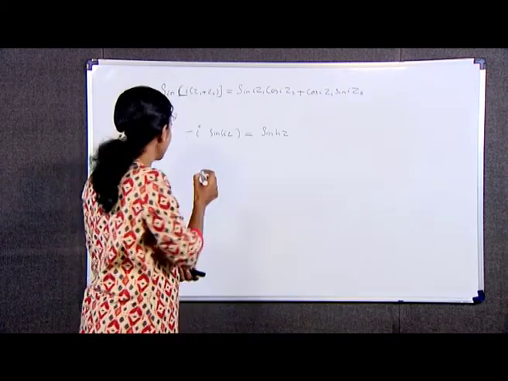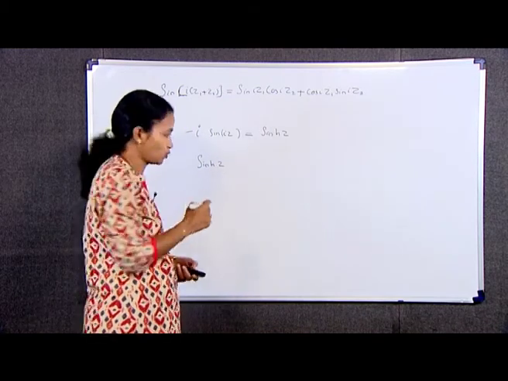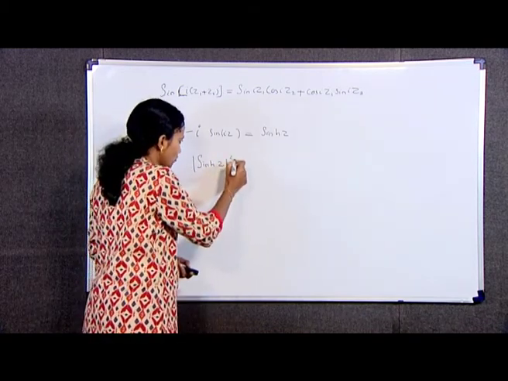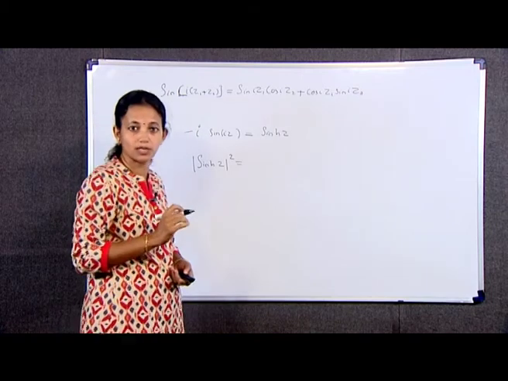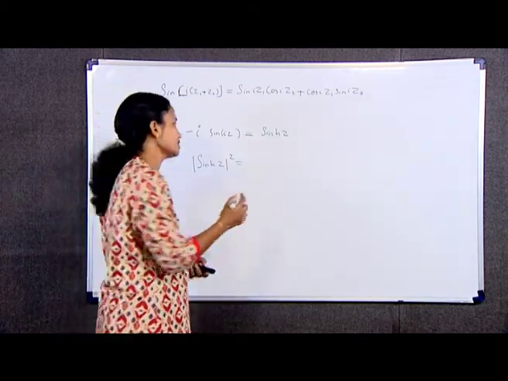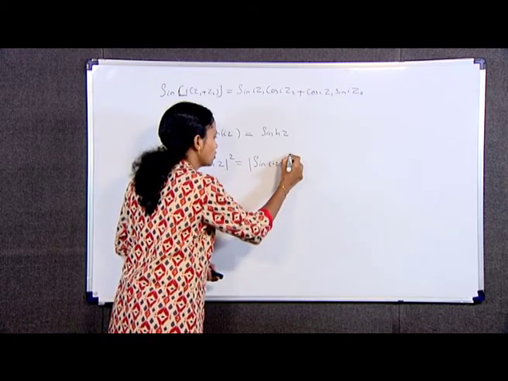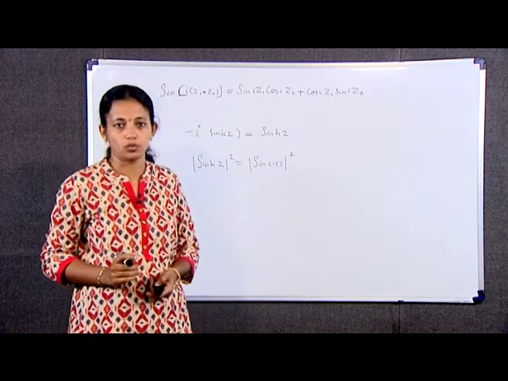That is, the modulus of sinh z whole square is equal to the modulus of i sin iz whole square, which is equal to the modulus of sin iz whole square.